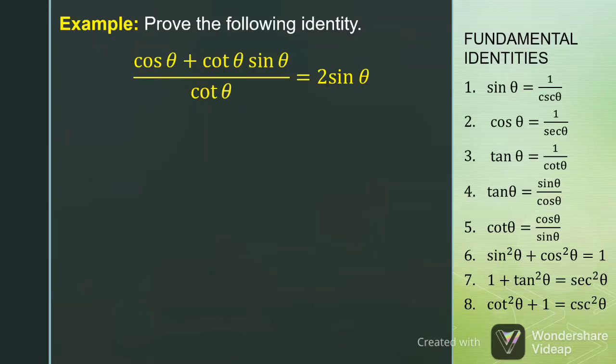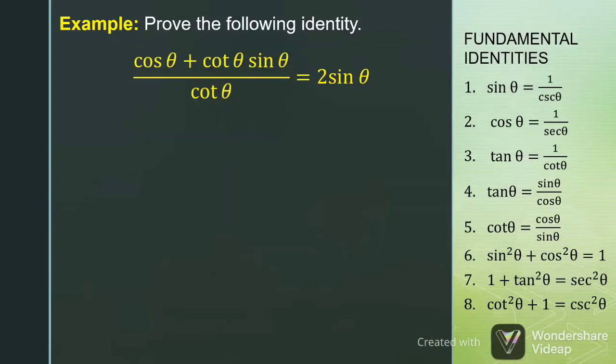Example: cosine theta plus cotangent theta times sine theta, divided by cotangent theta, equals sine theta. The more complicated one is the left side. So we will manipulate the left side to make it equal or the same to the right side.